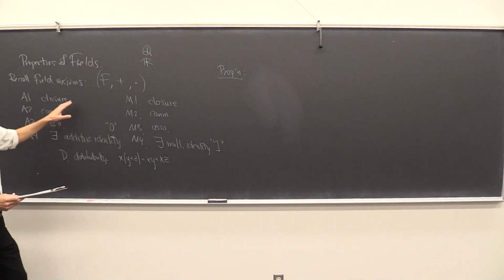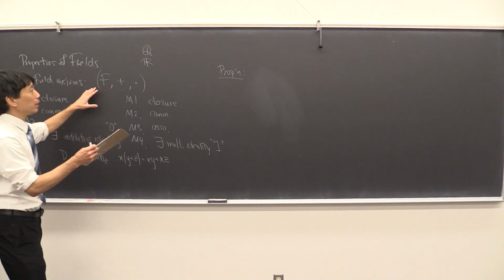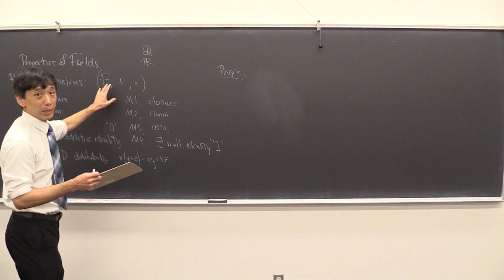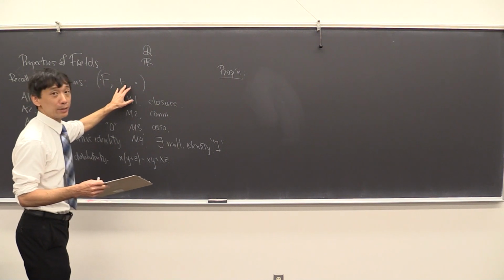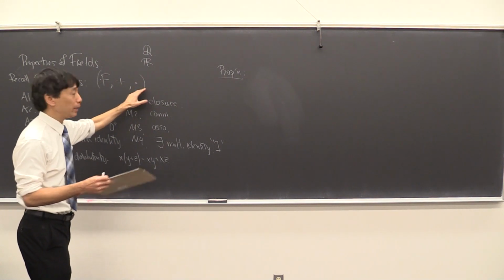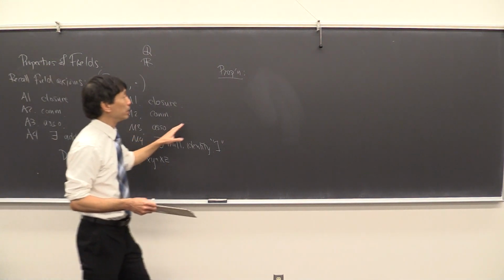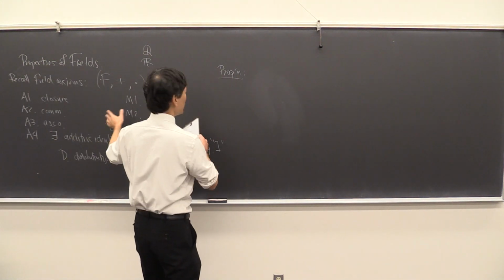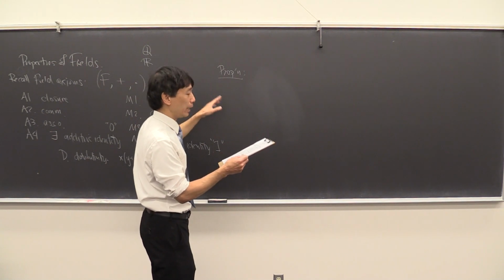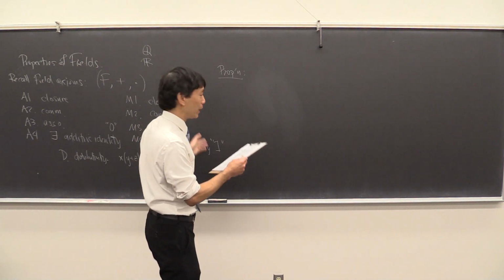So a field is a bunch of objects that has a plus, has a dot, and they satisfy all these properties. And what we're saying now is that there are a bunch of consequences of those properties, and they just follow from the axioms.